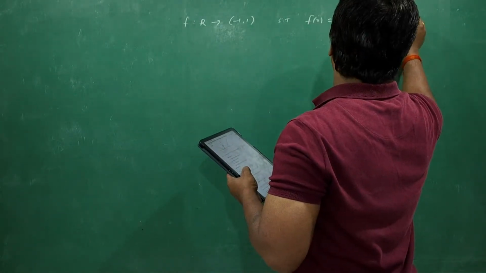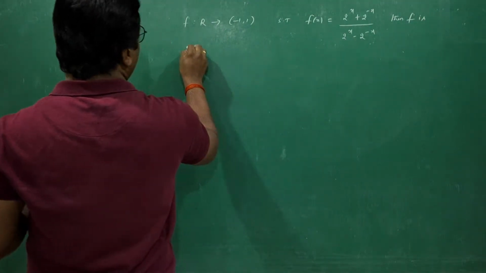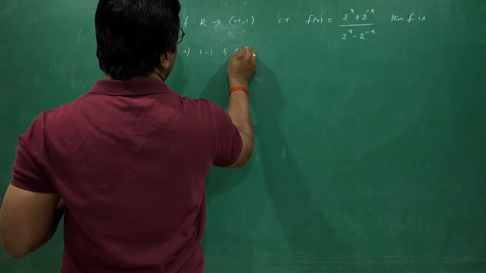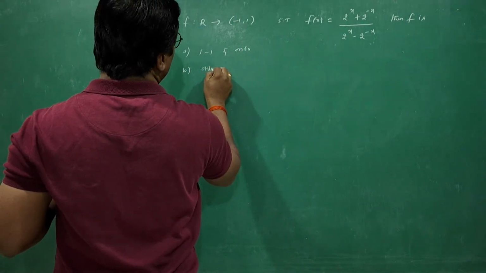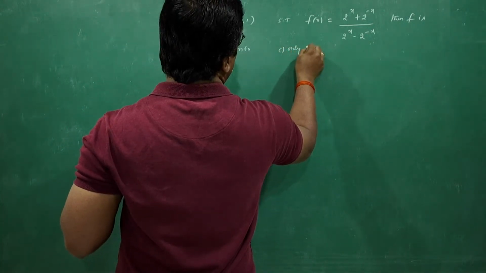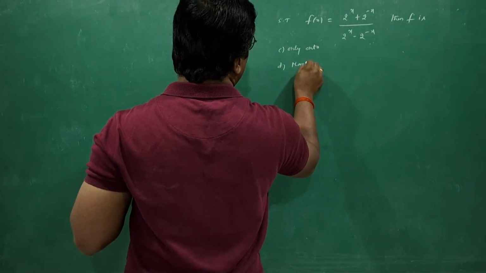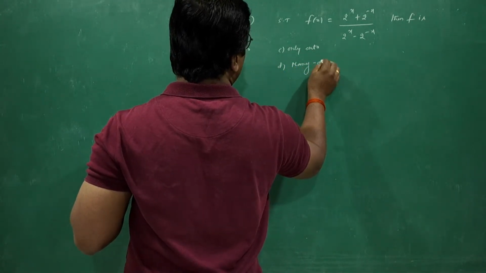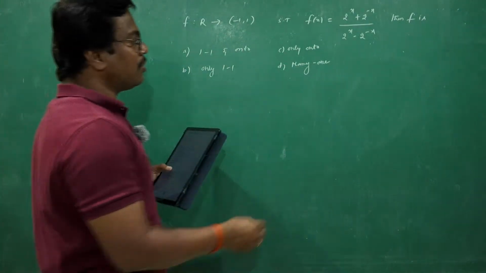Then the function f is: options are given, A one-one and onto, option B only one-one, option C only onto, option D many-one and onto.